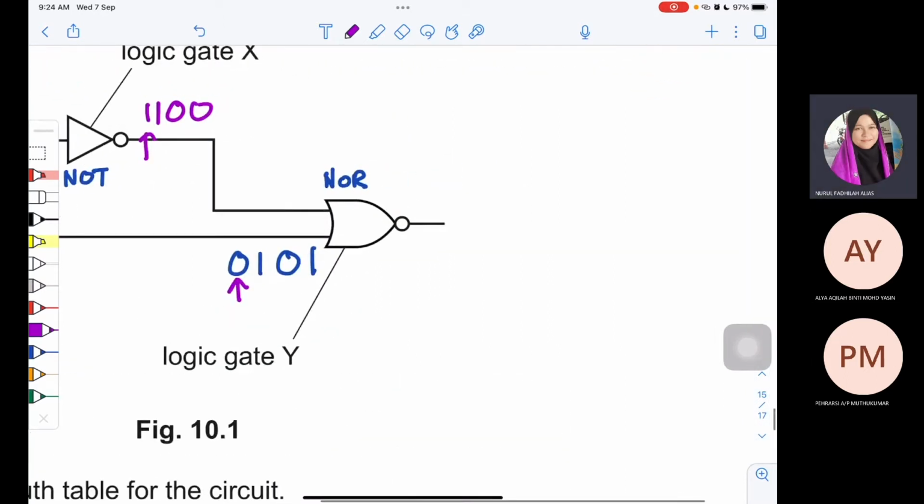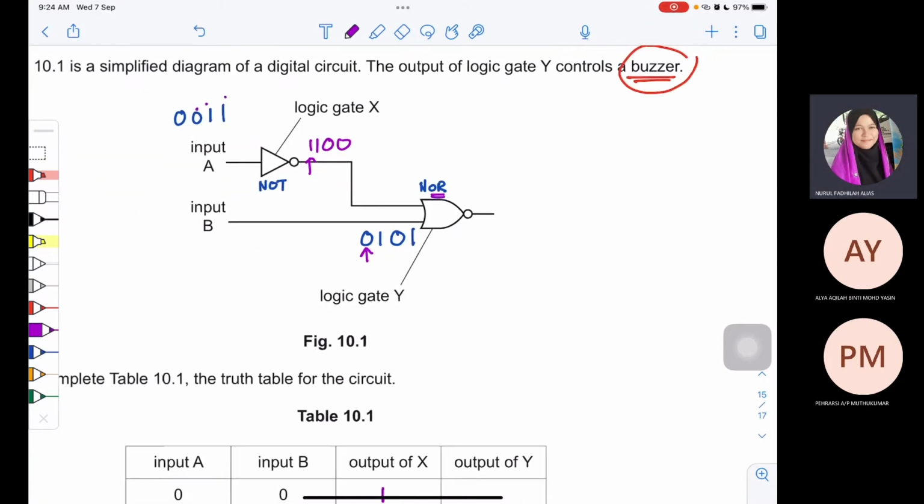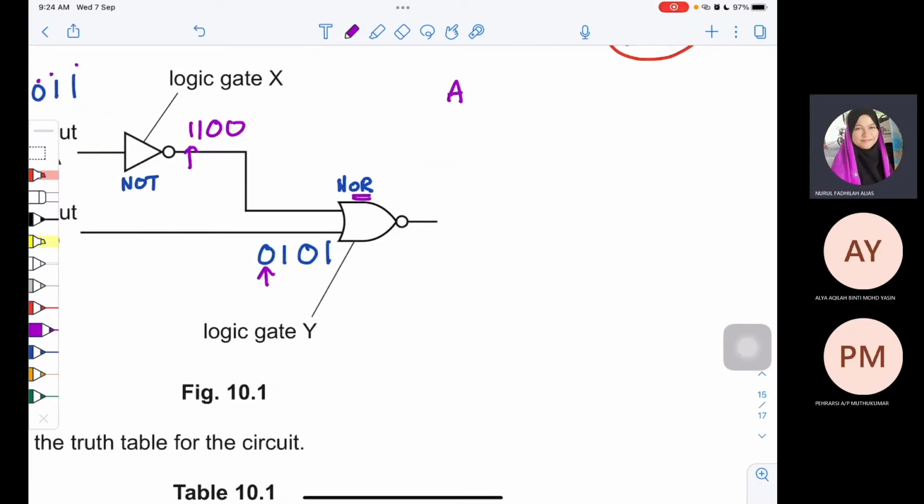Okay, for OR, dia OR ni dia macam ni kan, dia punya algebranya. Whatever dia input dekat A plus input dekat B, kita notkan dia. Betul? So meaning 1 and 0, it should be 1. Betul?